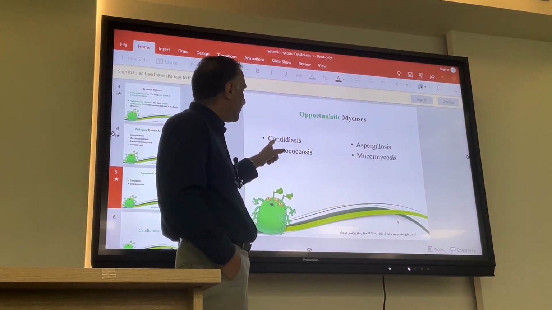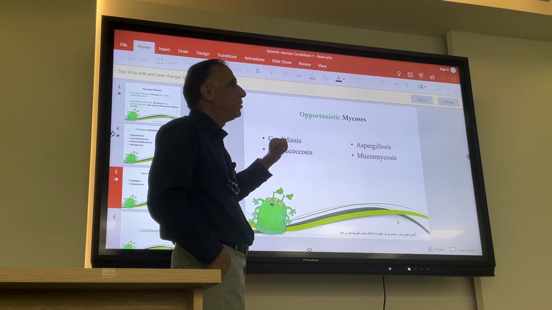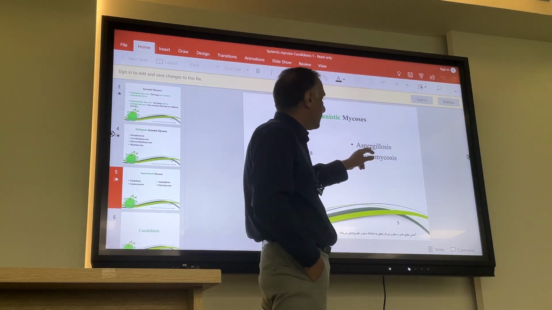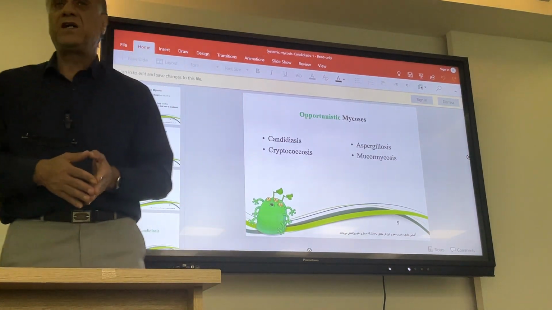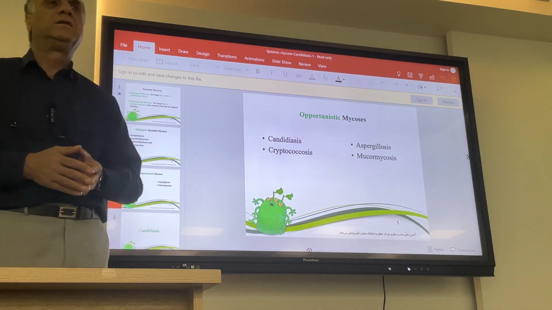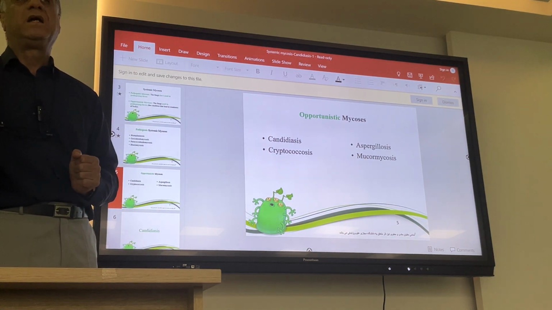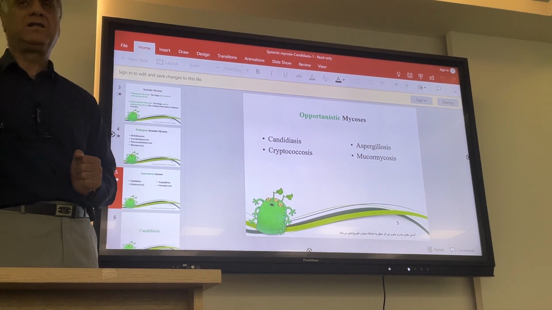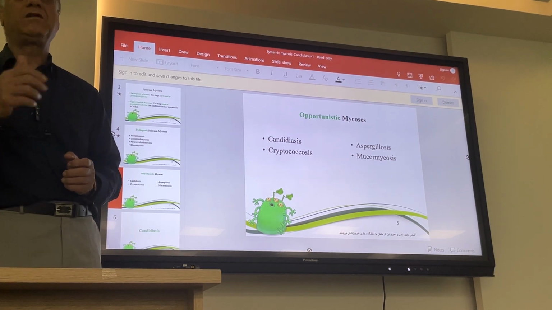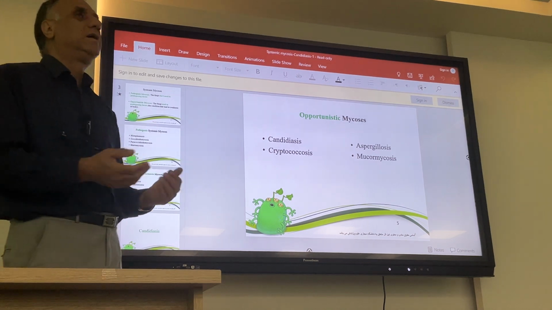We have 4 diseases: candidiasis, cryptococcosis, aspergillosis, and mucormycosis, because these infections are important in frequency and in mortality rate. Mortality means death. There is a high mortality rate in some conditions.